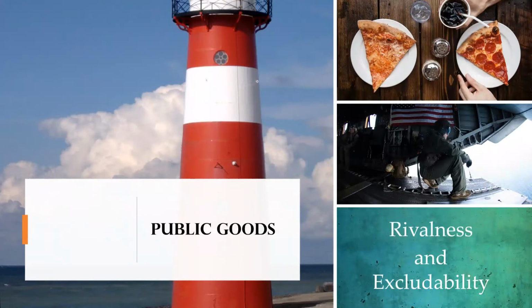You don't have to pay a cent for it. If you're a ship in the middle of the ocean, you can benefit from the light just as much as a ship that would pay for the lighthouse. So it's unable to exclude anybody from benefiting from that good.